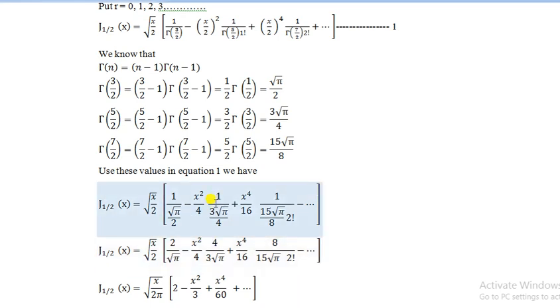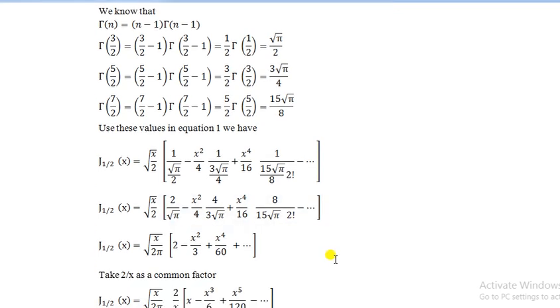So the second term is 4 divided by 3 square root of pi, and the third one is 8 divided by 15 into square root of pi divided by 2 factorial. So in all these terms, the common term is 1 by square root of pi.